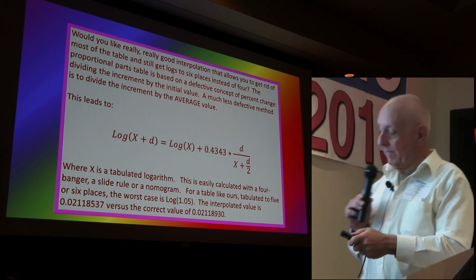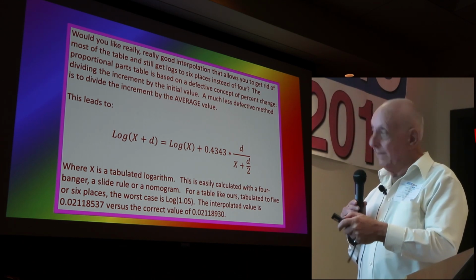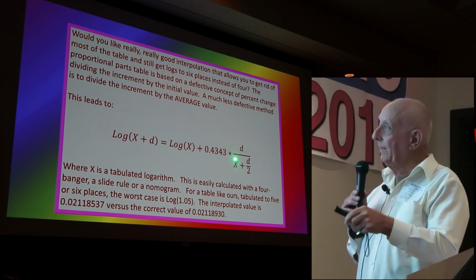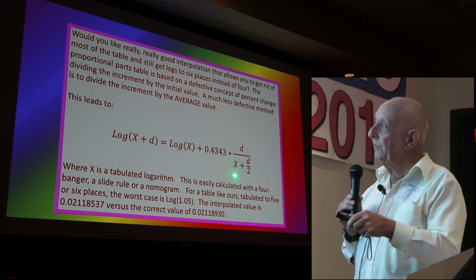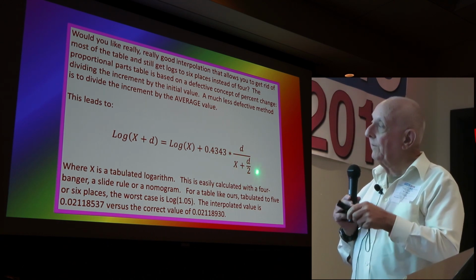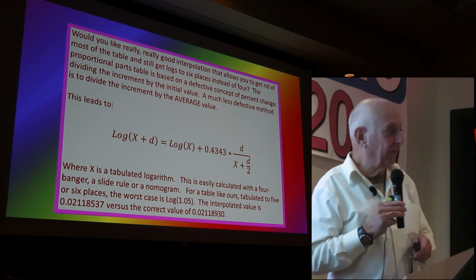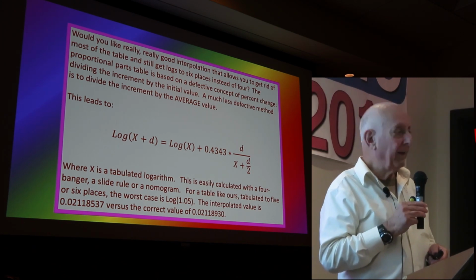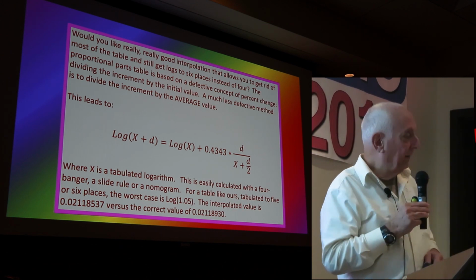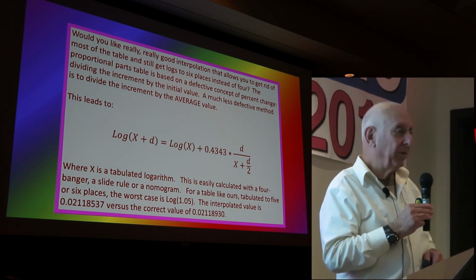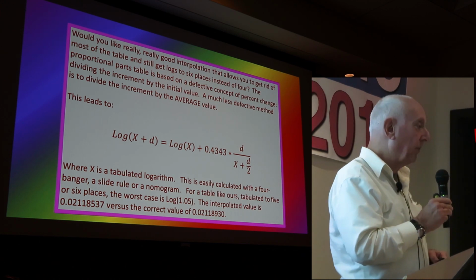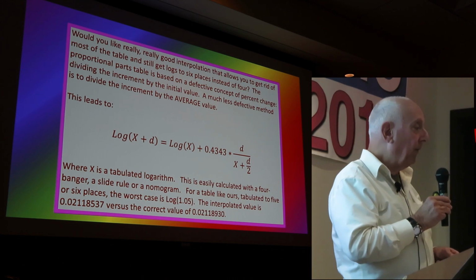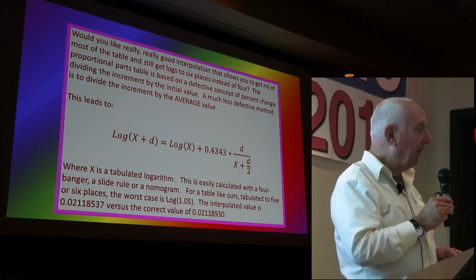As you can see here, this number here, you see, I'm using the midpoint as a divisor. And it turns out this little formula is actually pretty accurate. In fact, if you have that interpolation formula available, say as a nomogram or maybe on a special purpose slide rule, you could dispense with all but the first column of the Irish logarithm table.